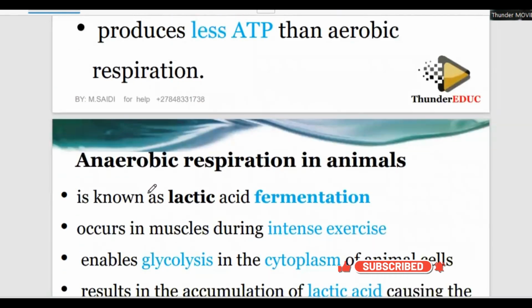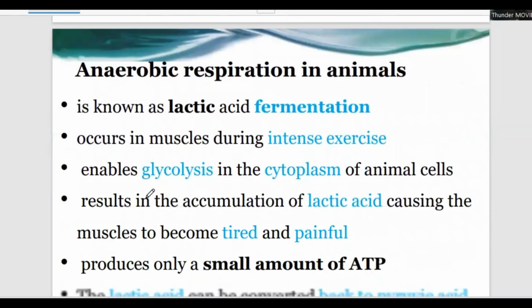We have anaerobic respiration in plants and anaerobic respiration in animals. Let's look at anaerobic respiration in animals. It is known as lactic acid fermentation, meaning that you produce lactic acid. If you run today and tomorrow you have painful muscles, it means that lactic acid accumulated there.